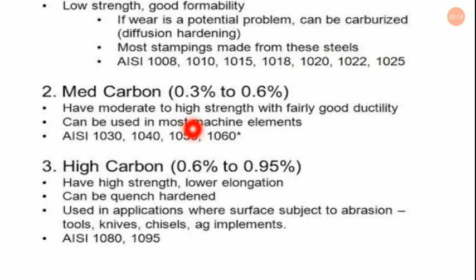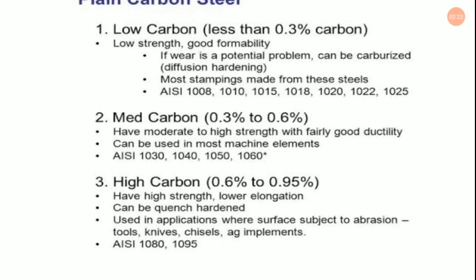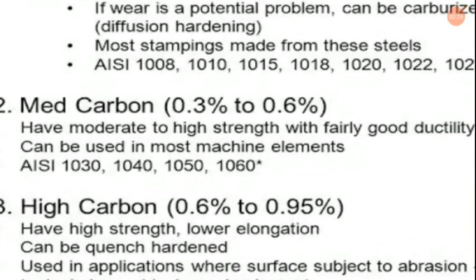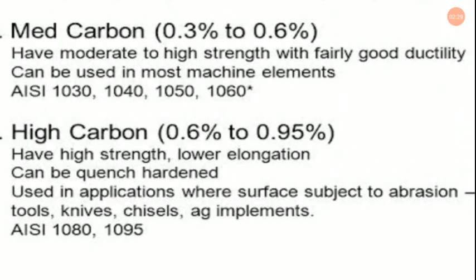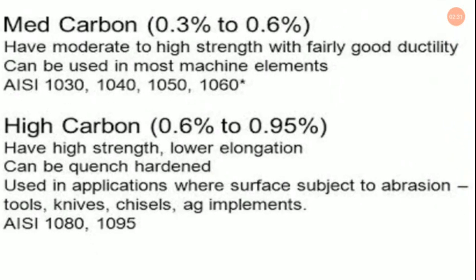Medium carbon steels, 0.3% to 0.6%, have moderate to high strength with fairly good ductility and can be used in most machine elements. Examples are AISI 1030, 1040, 1050 and 1060.